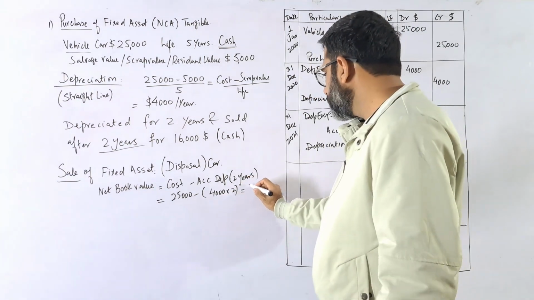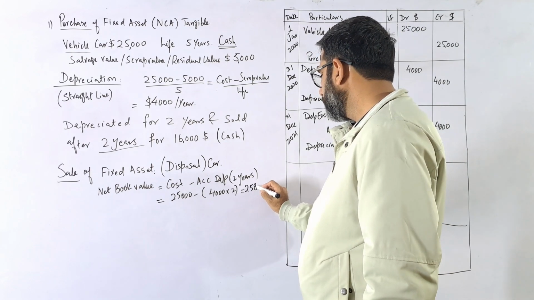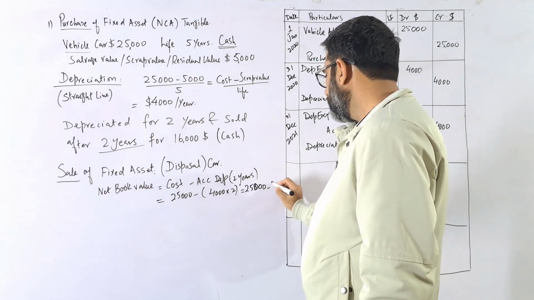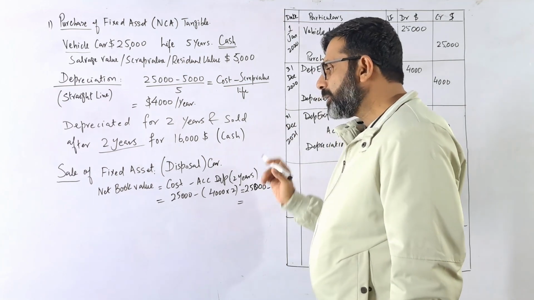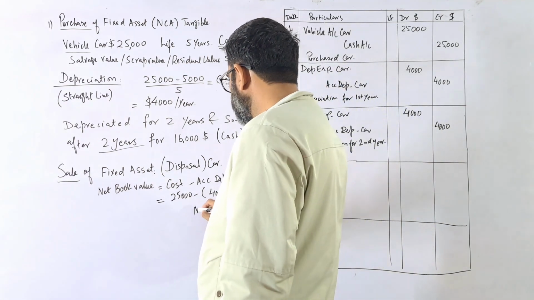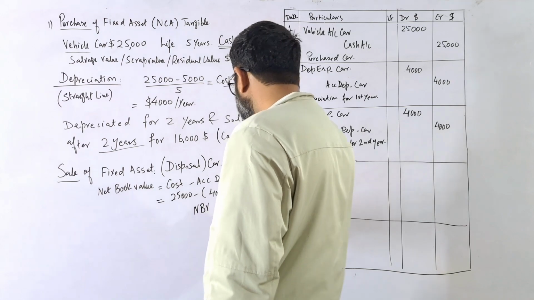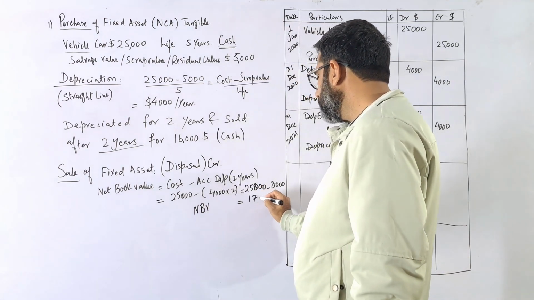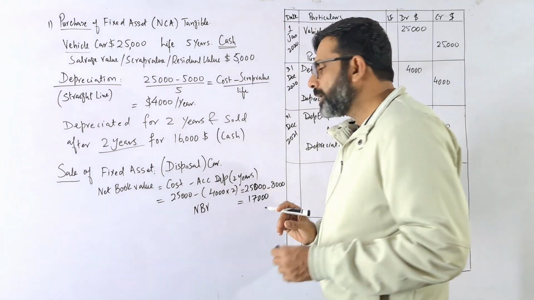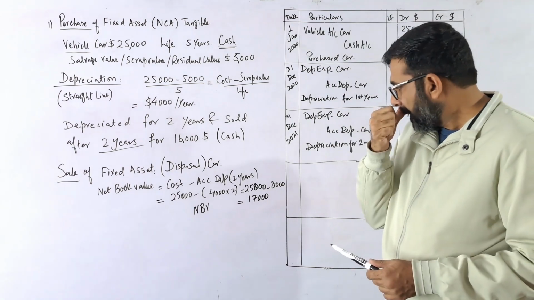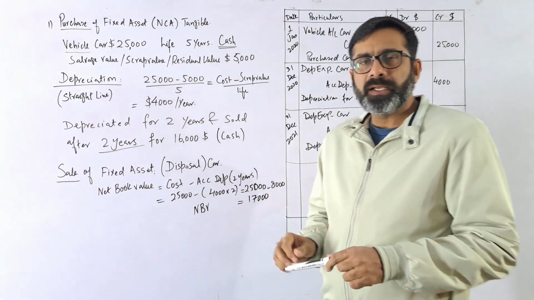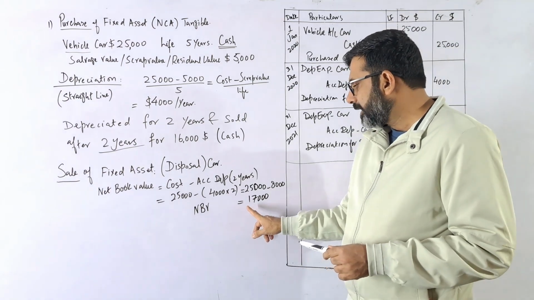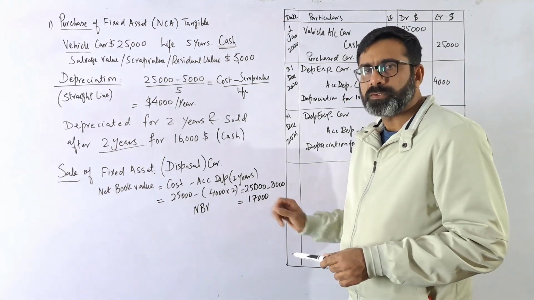So 25,000 minus 8,000, the net book value of that asset is 17,000. So after 2 years of use, in the books of account, the value of that asset is 17,000.